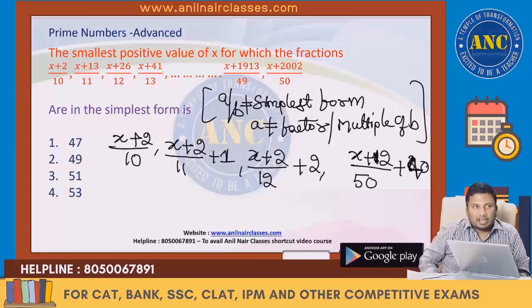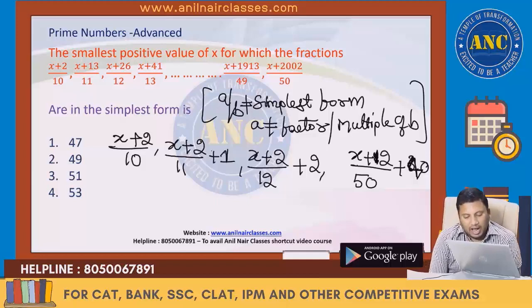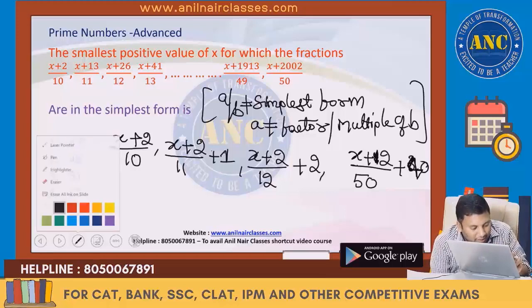Till here it is clear. x plus 2 divided by 10, x plus 2 divided by 11, x plus 2 divided by 12 and so on up to x plus 2 divided by 50, plus 40.